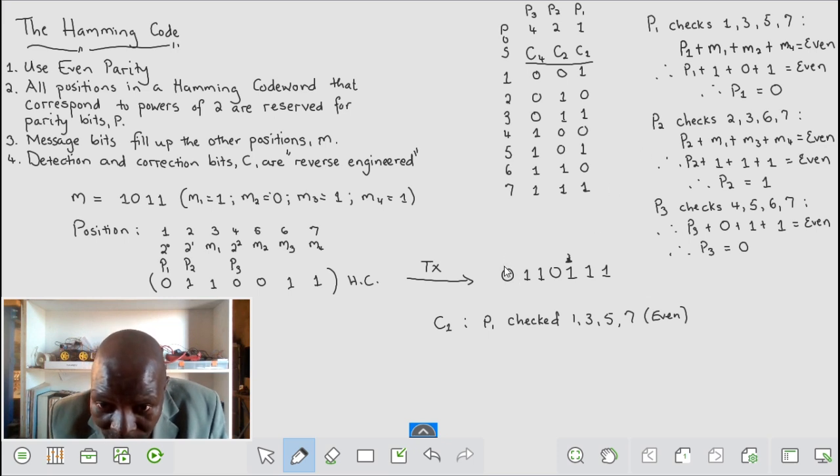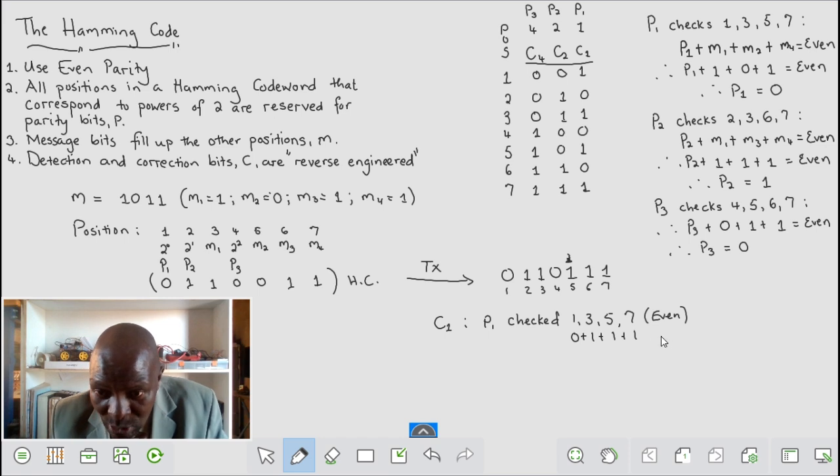This is position 1, 2, 3, 4, 5, 6, 7. Position 1 is a 0, plus our 3 is a 1, plus our 5 is a 1, plus our 7 is a 1. Is this even?